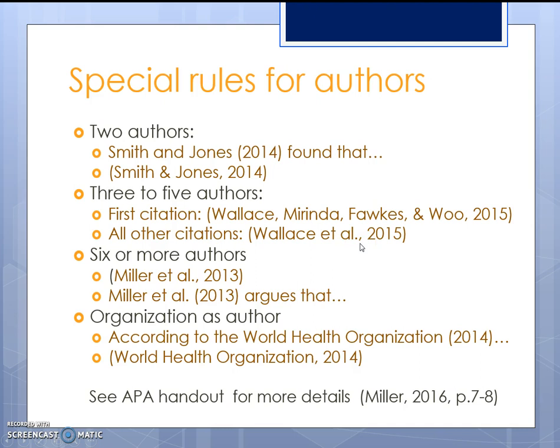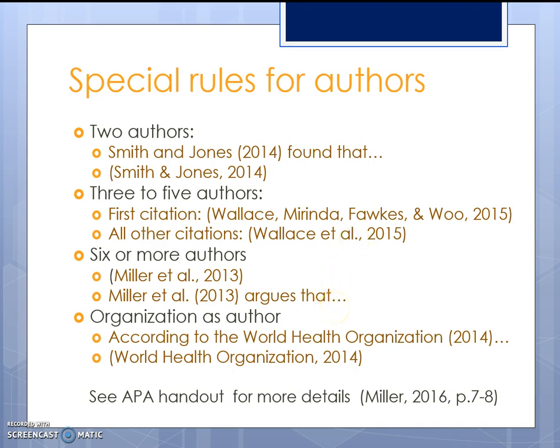Now, et al is an abbreviation for et alii, which is the Latin for and all those other names, basically. So that is our kind of way to avoid typing everything out. Now, for 6 or more authors, we don't have to type them all out. We just list the first author, in this case Miller, et al, followed by the year.